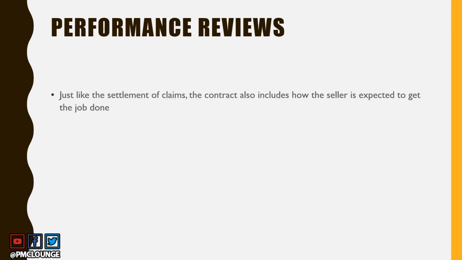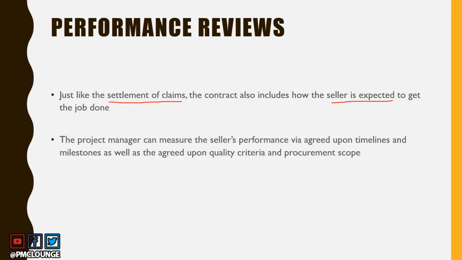Next is performance reviews. This again is a technique. What's happening here is, just like the settlement of claims, there's certain verbiage that the contract is going to include around what you expect from the seller, how the seller should get the job done. This is mentioned in the contract itself, and you as a project manager can measure the seller's performance.